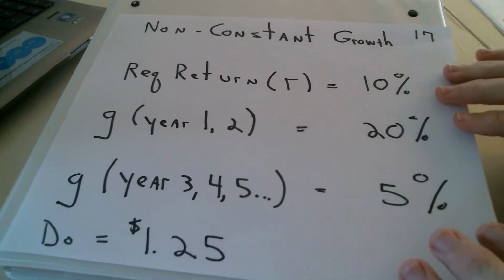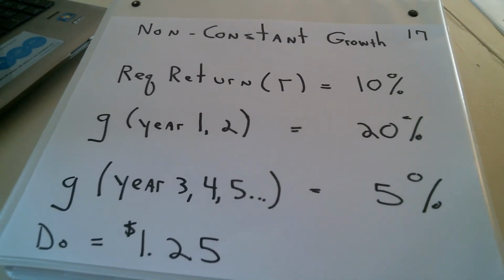So we are turning our attention now to something different. It's non-constant growth stock. So, for example, think of a new company that has just had an IPO. It's growing rapidly.